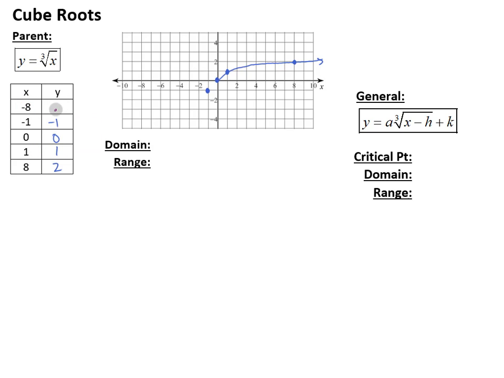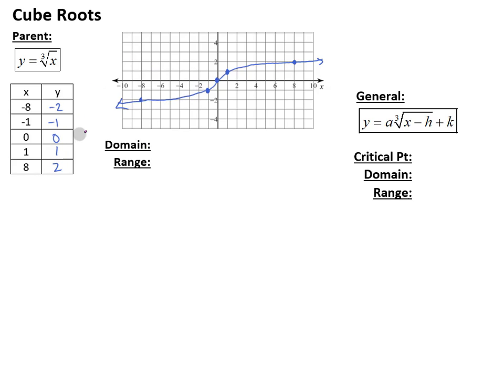If we plug that in, that's negative 2. So negative 8 is down at negative 2. And we get this graph that actually has 180 degree reflective symmetry, or rotational symmetry, I should say, over the origin. But we get a graph that does continue down and to the left forever.